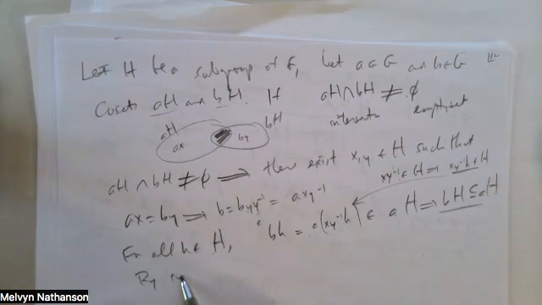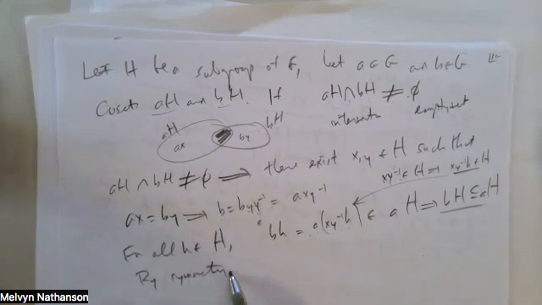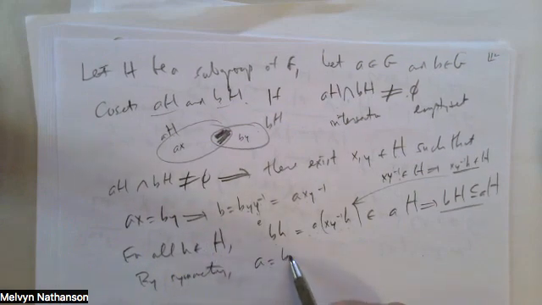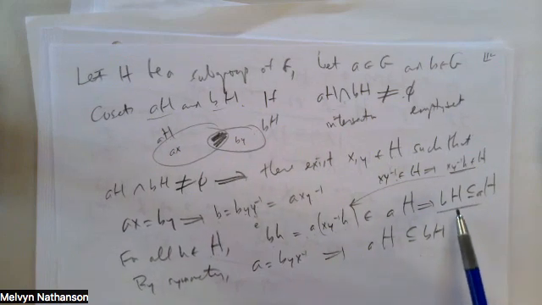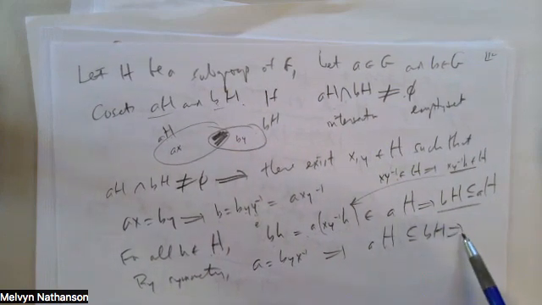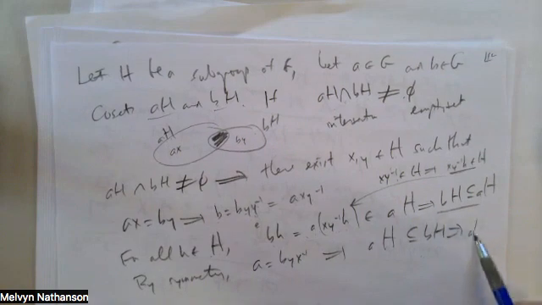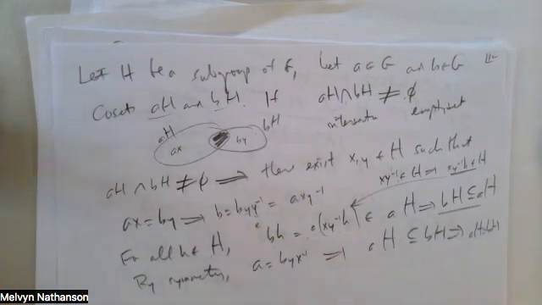And this is a symmetric argument. I could have written A equals B y x inverse, and we would get that AH is contained in BH. So if two sets have the property that each is contained in the other, that means the sets are equal. So AH equals BH.